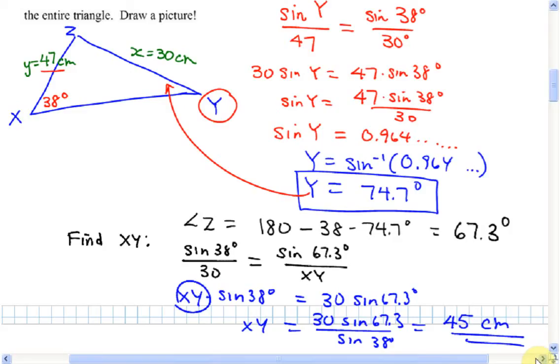Just watch me for a sec. Isabel, what do you want to say? You have another answer? Where does the other answer come from? Because I did z divided by sine 94.3. Where does 94.3 come from?